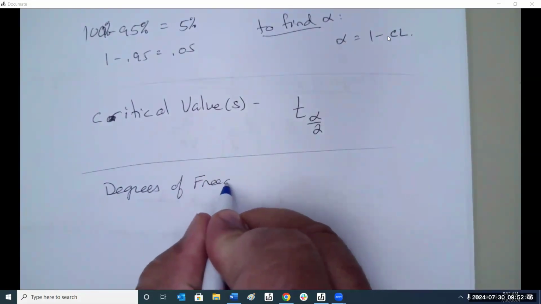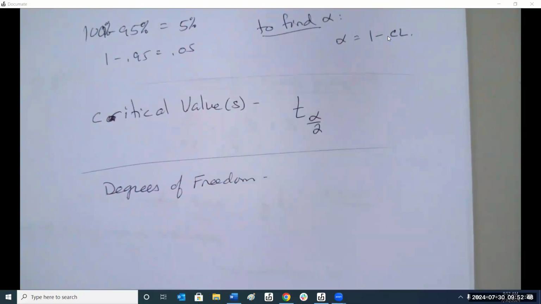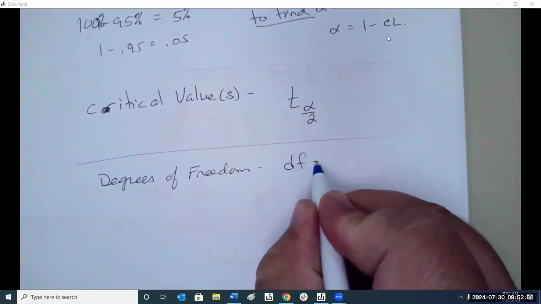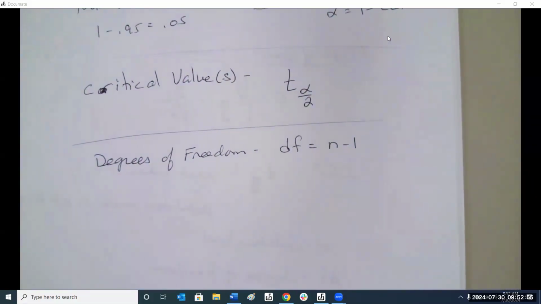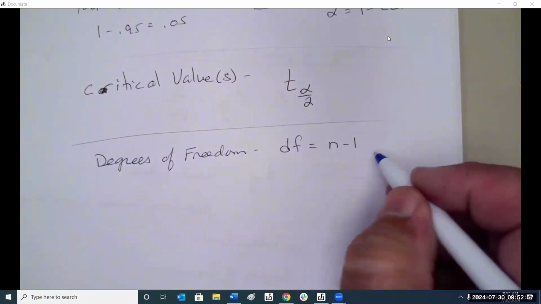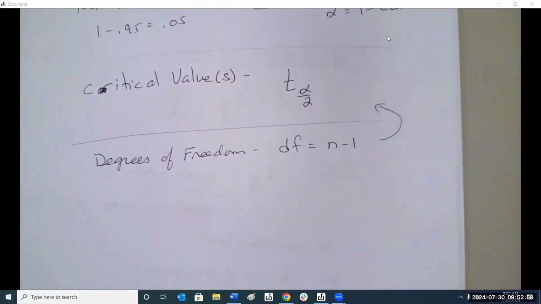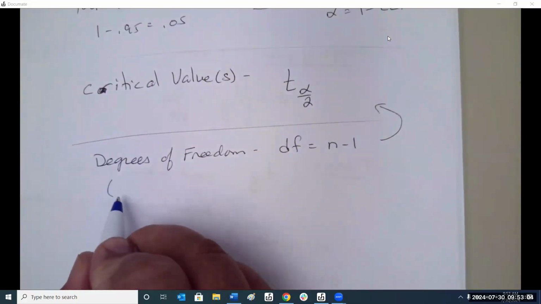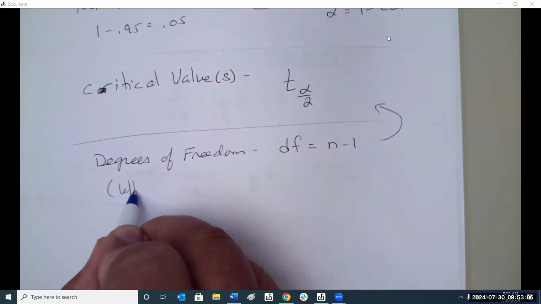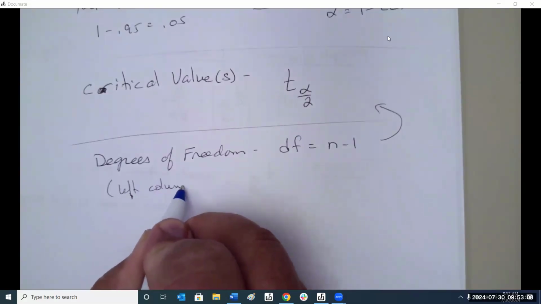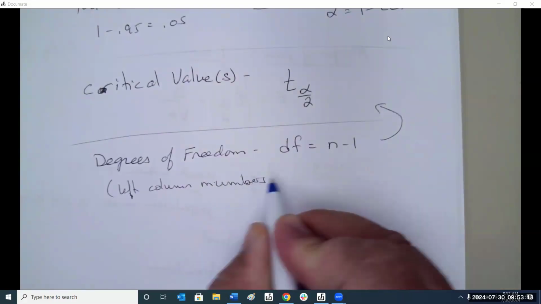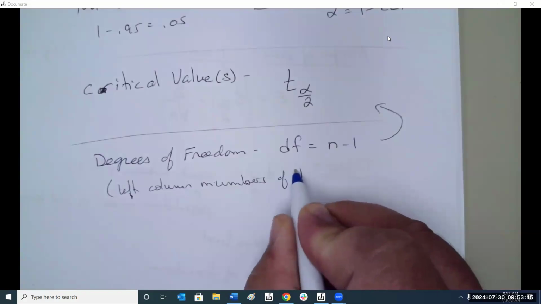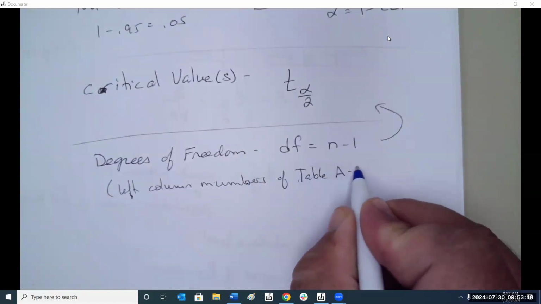Degrees of freedom, df equals n minus 1. What's the degrees of freedom used for? It's used to find the left column numbers of table A-3.